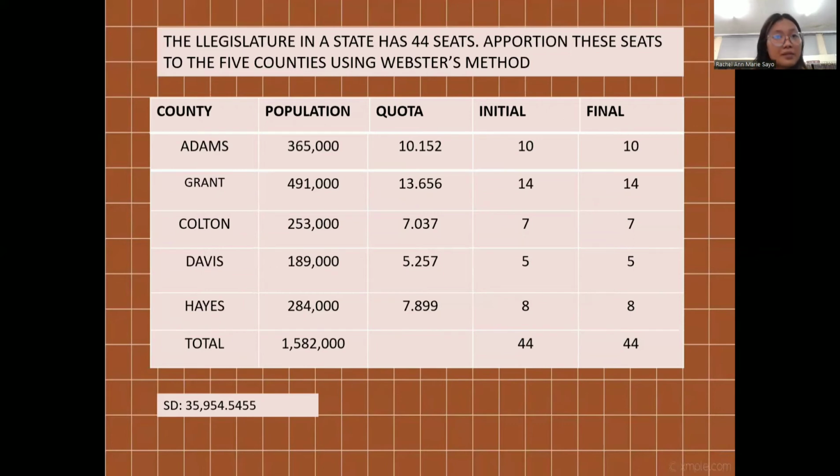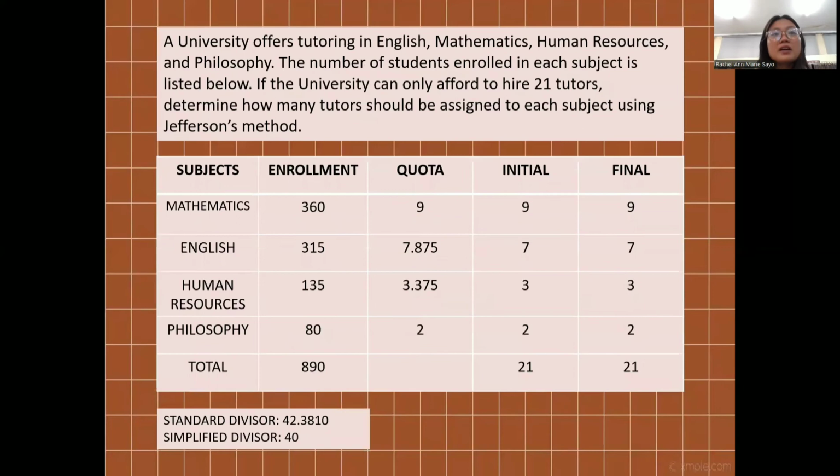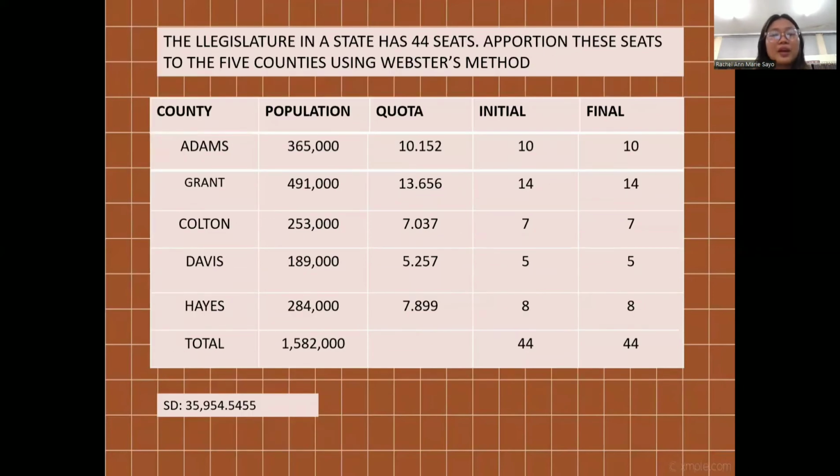So this SD means the standard divisor. We have to take note and really know how to get the SD. Our standard divisor for this one is 35,954.5455.